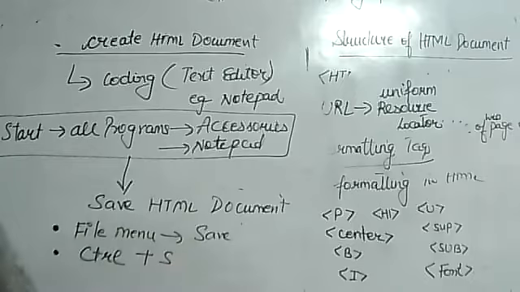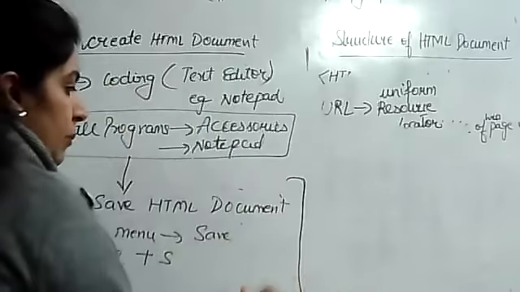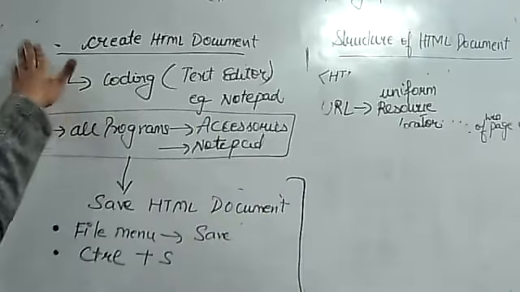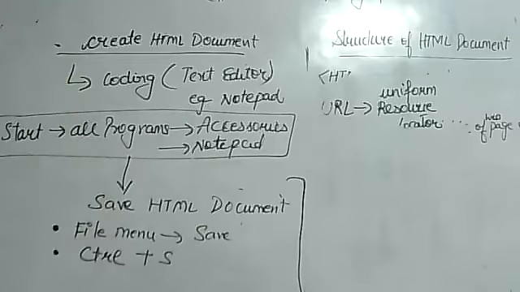Control plus S is the shortcut key for saving the document. Right? Now once you have typed the coding, you want to save, either using the command or the shortcut key, whatever the method you are using.